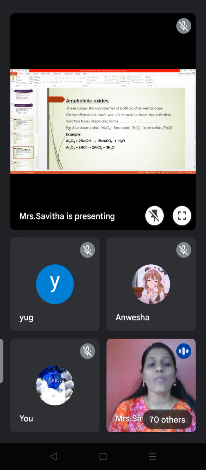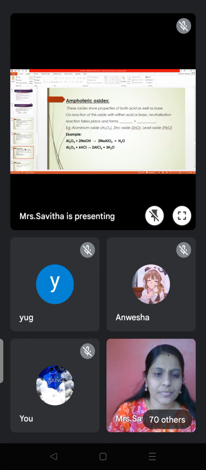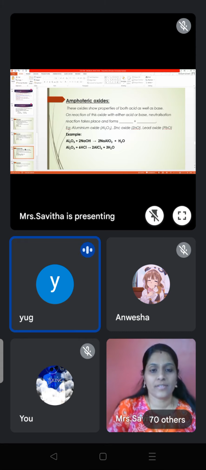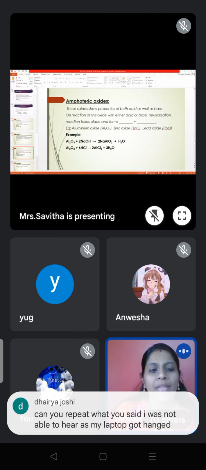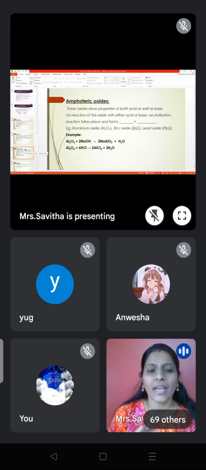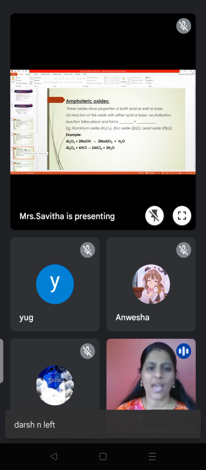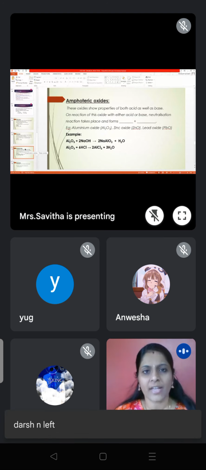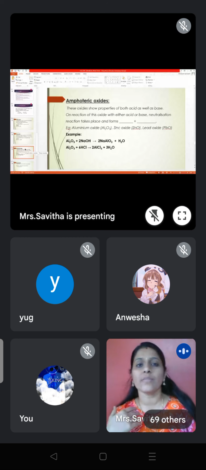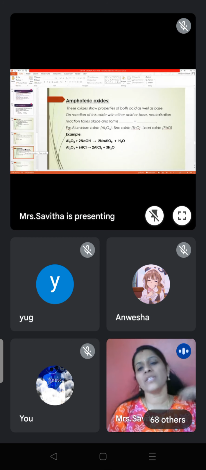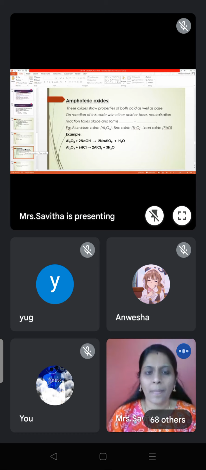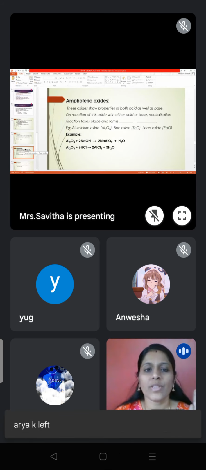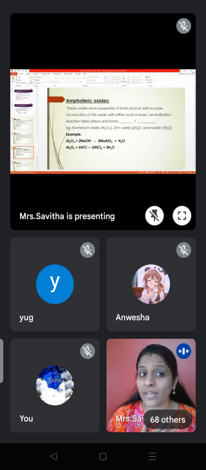Next, coming to amphoteric oxide. These have the properties of both acid and base. Amphoteric oxide means this oxide can act as both acid as well as base. How does it happen? Because it has the property of acid as well as base. If I am reacting with an acid, what will be my nature?